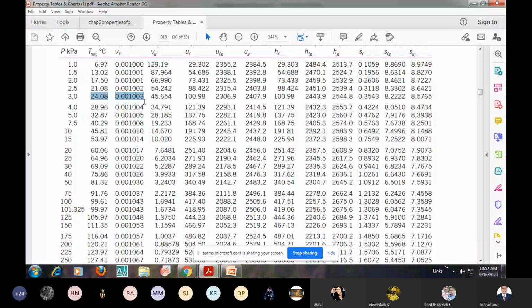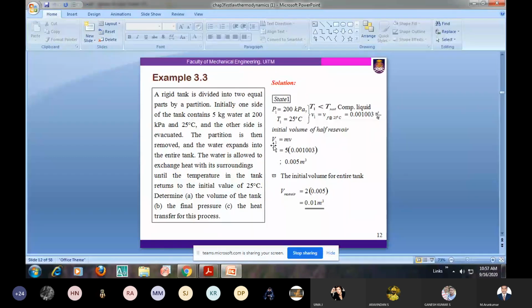This property is for the half reservoir only.